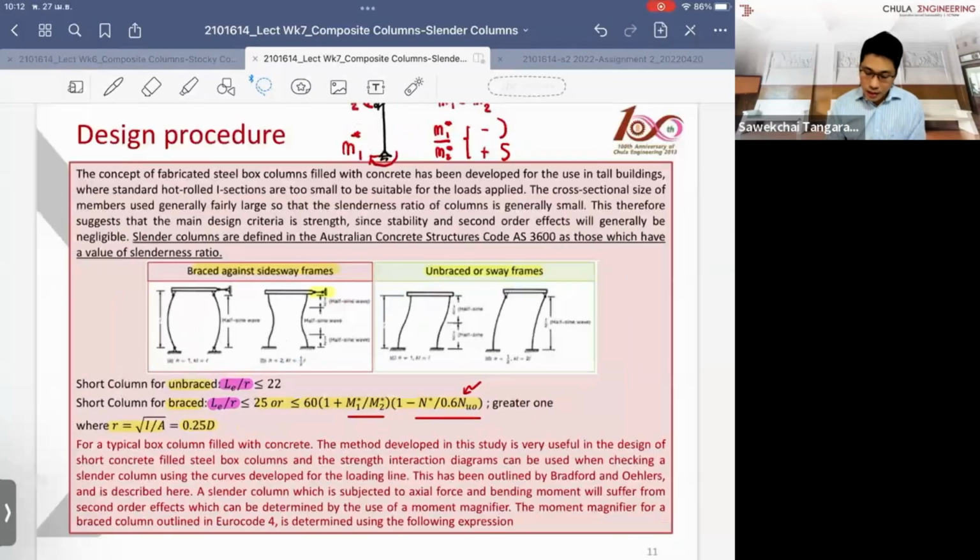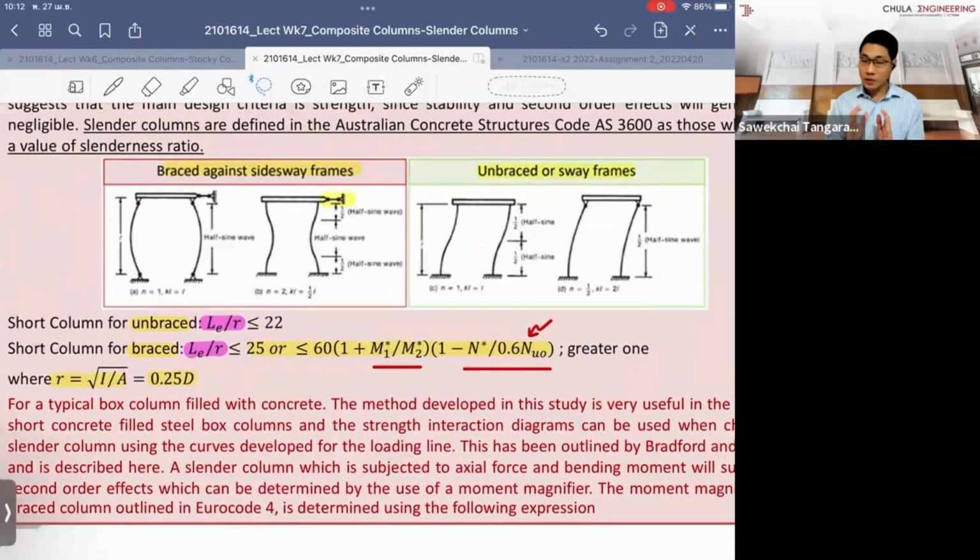In the concrete design, you have 2 types of sway, and of course in steel design as well. One they call the braced column, the other they call the unbraced column. Unbraced means it is allowed to sway. So more likely this one will be more critical, because in terms of effective length, the value will be larger for the same physical length compared with the braced column, right?